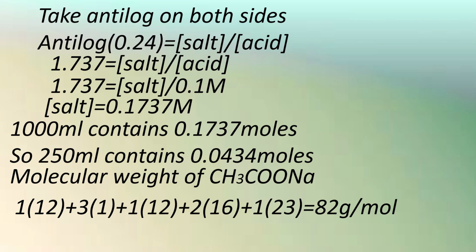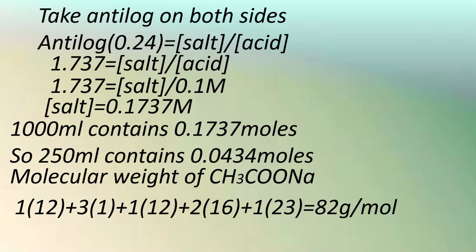Molecular weight of sodium acetate is 1 is the number of carbon atom into 12 is the atomic weight of carbon plus 3 is the number of hydrogen atom into 1 is the atomic weight of hydrogen plus 1 is the number of carbon atom into 12 is the atomic weight of carbon plus 2 is the number of oxygen atoms into 16 is the atomic weight of oxygen plus 1 is the number of sodium atom into 23 is the atomic weight of sodium. After calculating, molecular weight of sodium acetate is calculated to be 82 gram per mole.